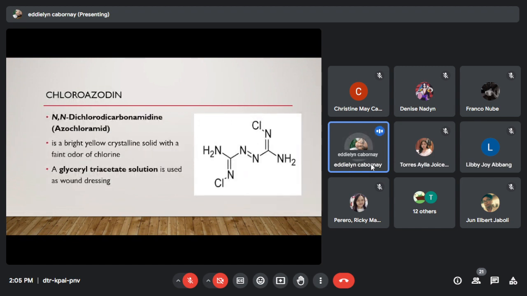The other term is N,N-dichloro-dicarbonamidine or azochloramide. So it is a bright yellow crystalline solid with a faint odor of chlorine. So this glyceryl triacetate solution is used as wound dressing.